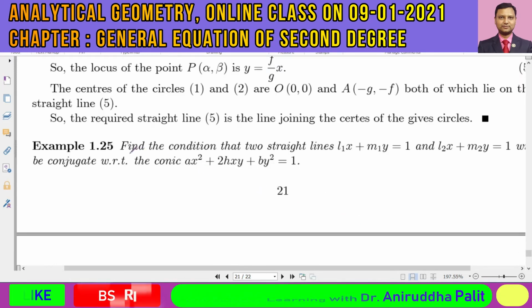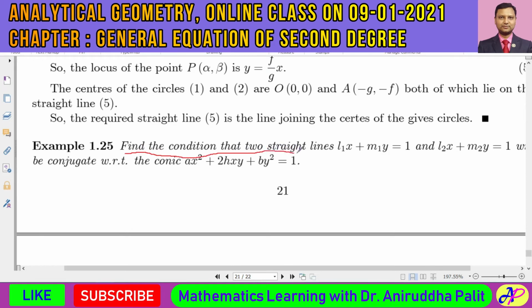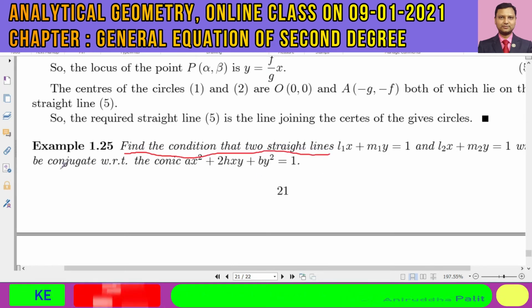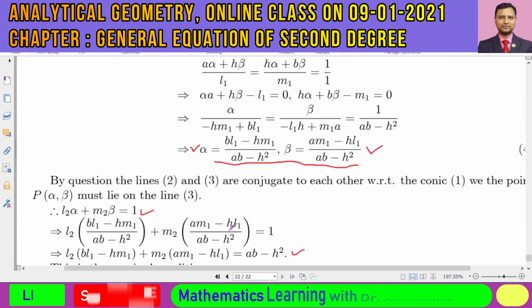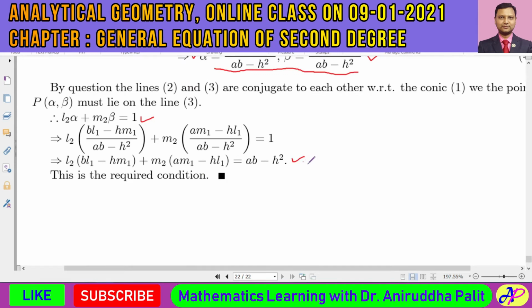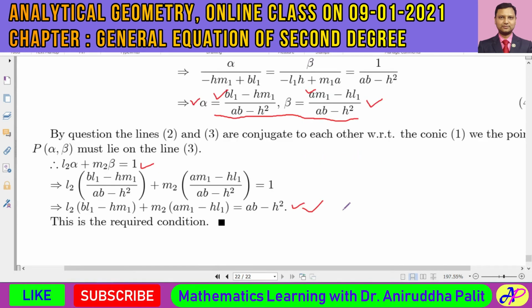So in this way we compute the conjugate lines.